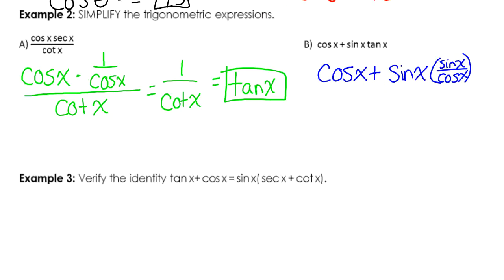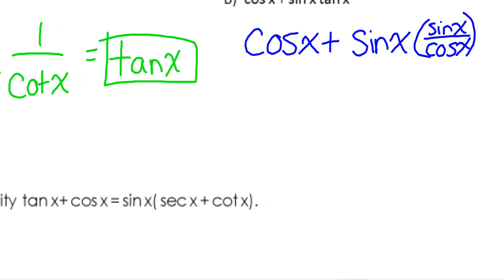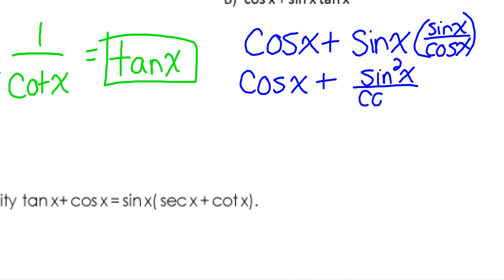I'm going to zoom in a little bit here just to give myself a little more space to write things. All right, so when we simplify that, we get cosine of x and sine of x times sine of x over cosine x would give me sine squared of x over cosine x.